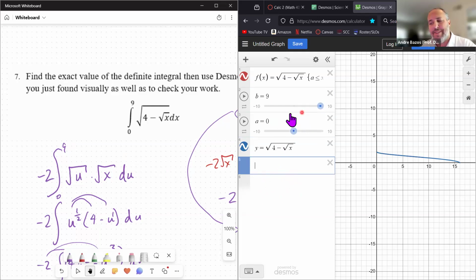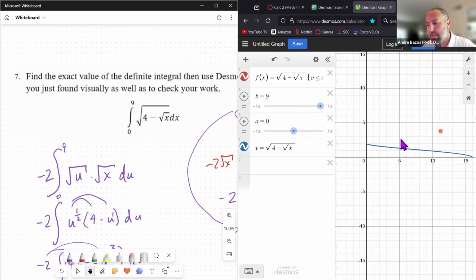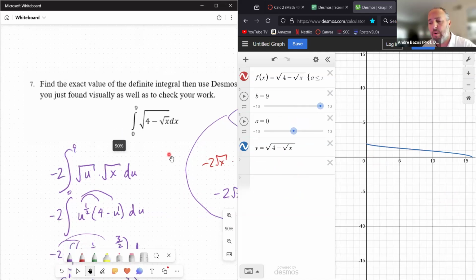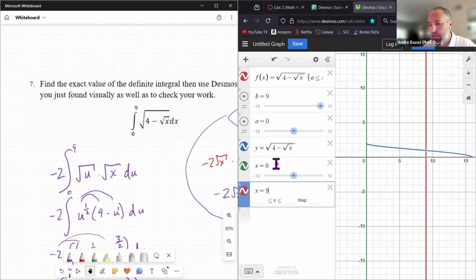And then you can even slide it, which might be a cool thing to show here. I'll do that in a second, but nonetheless, I want to finish this up. What we are showing here is the area under the curve bounded from x equaling 0 to x equaling 9. So let me do A and B.